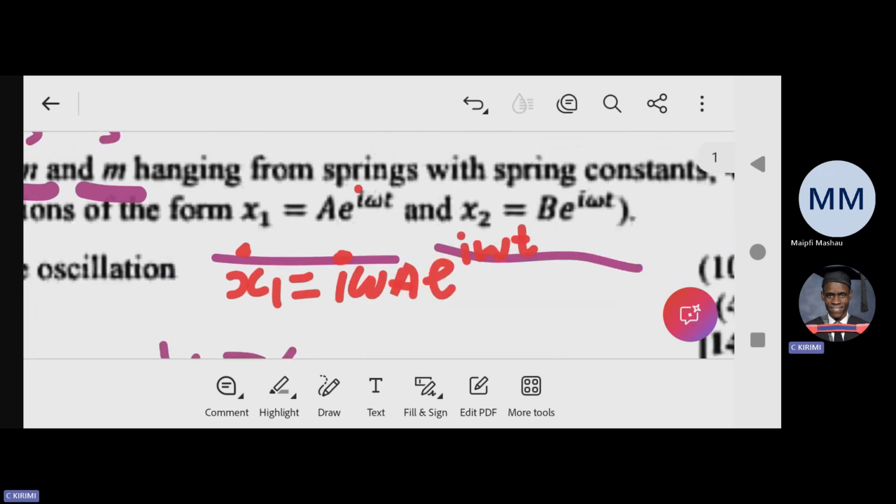When you differentiate an exponent, it comes back as it is. I thought you were going to say minus 1.